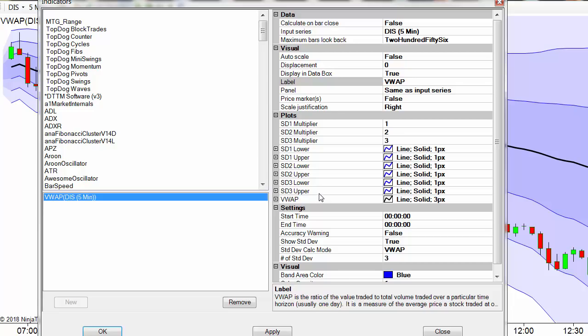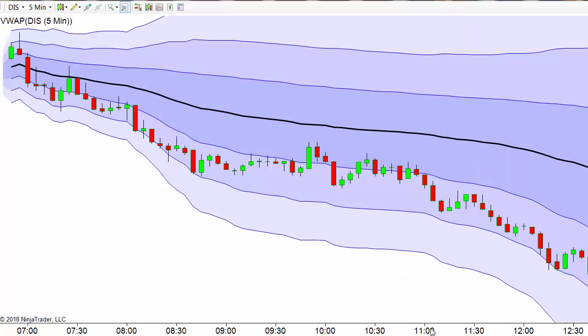It was for the trend trading as well, as far as keeping you in a trend. So we've got our value weighted average price here, and then our standard deviations above and below, and I like to use 3 lines. What we were saying is we like to see the market stay below the value weighted average price, and also stay in this channel and zone down.